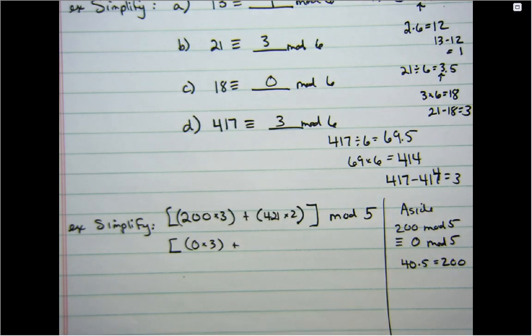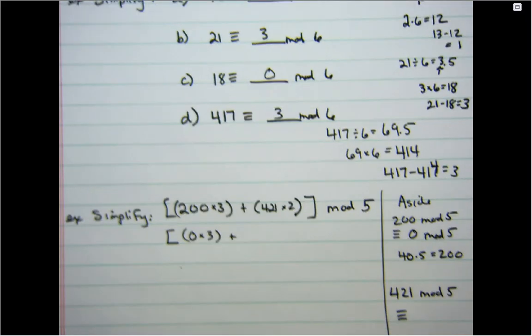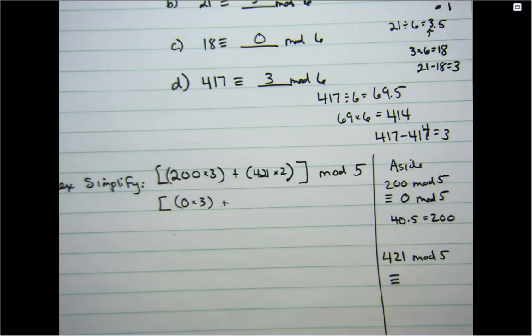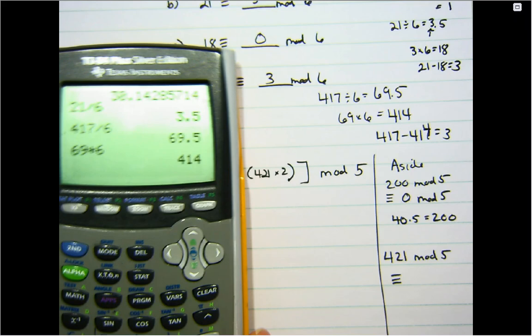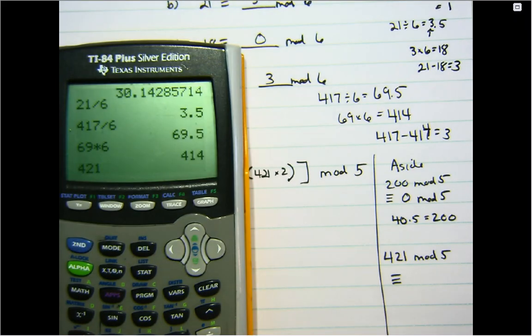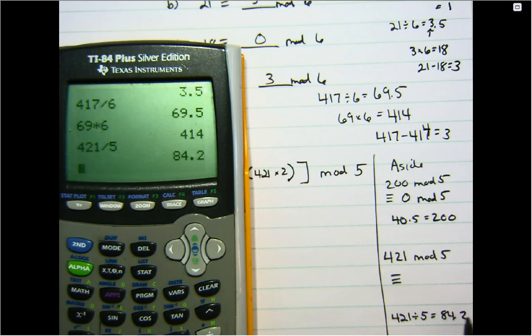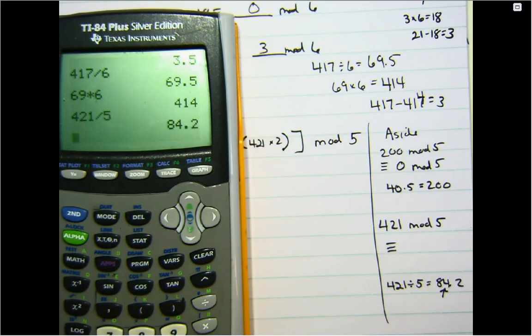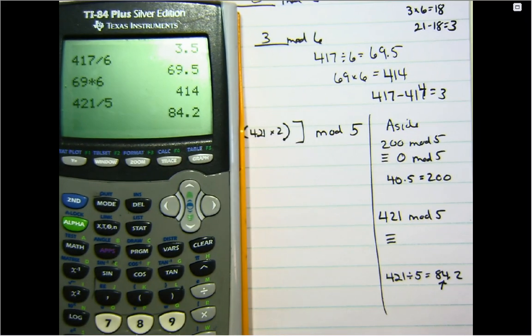And then we do the same thing with 421. So 421 is another big number in our work, so we can make it simpler. You're looking at multiples of 5, and you can probably do that in your head, but in case you're more into using your calculator, 421 divided by 5 is 84.2. And the 84 is the part that tells us how many complete multiples of 5 you can take away. 5 times 84, that would be 420.